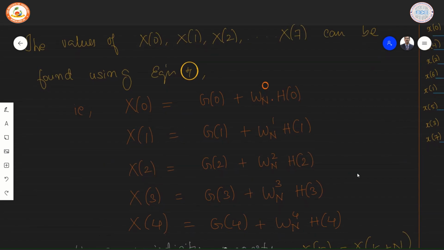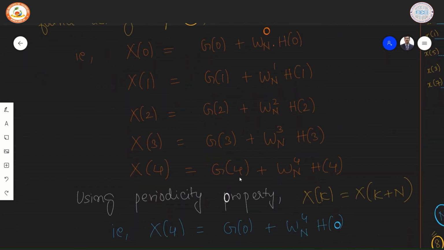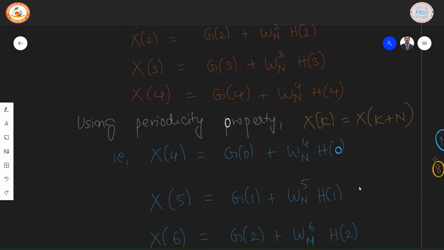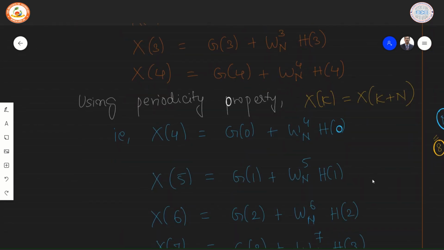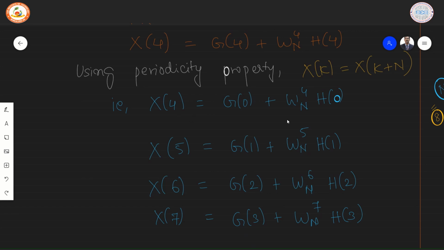We have shown the various substitutions and what combinations are required to generate the answers for X of 0, X of 1, X of 2, X of 3, X of 4, then X of 5, 6 and 7. The same thing has already been discussed. The inspection of these equations will tell you how we obtain the structure.